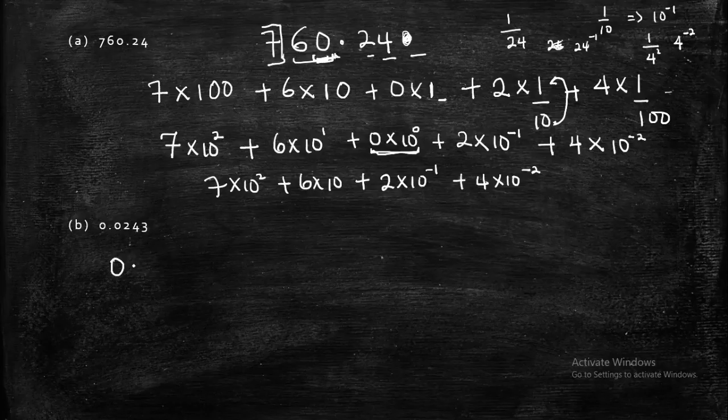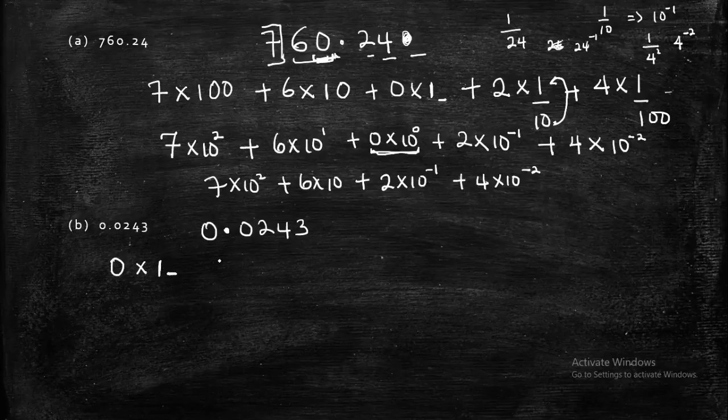So 0.0243. Take the first number, 0. How many numbers does it have on its right? It has no number because this is a decimal point, and we don't take into consideration the numbers after the decimal point for now. So 0 times nothing, empty, then 1.